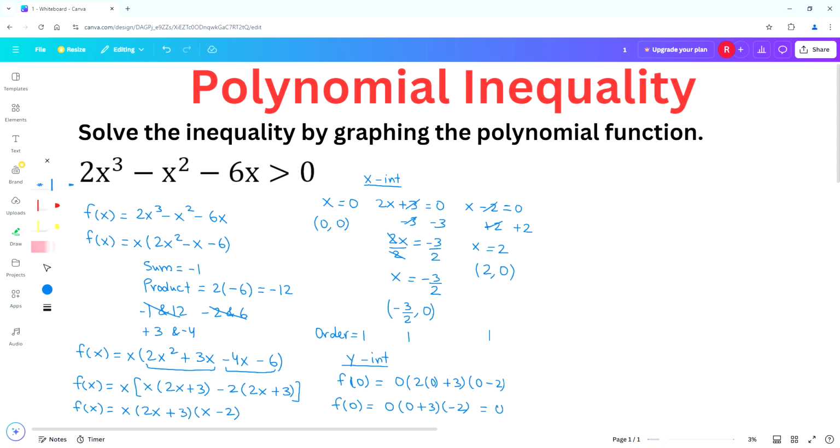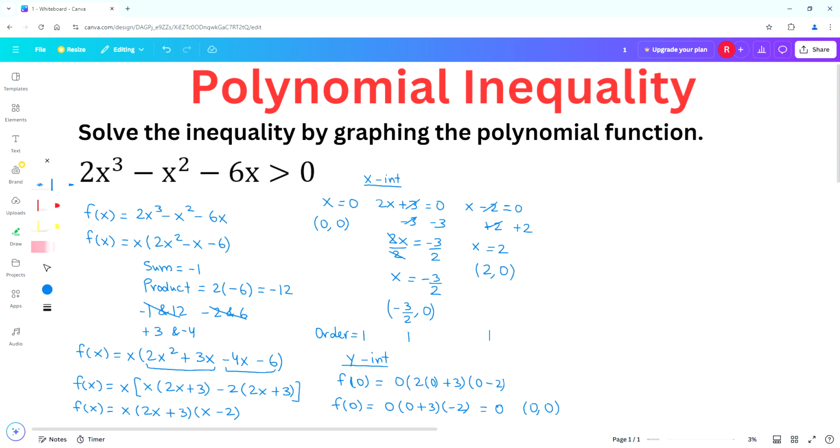I get 0 because 0 times 0 plus 3 times negative 2 will be equal to 0. We can write this y-intercept as an ordered pair as 0, 0, same as one of the x-intercepts we found.